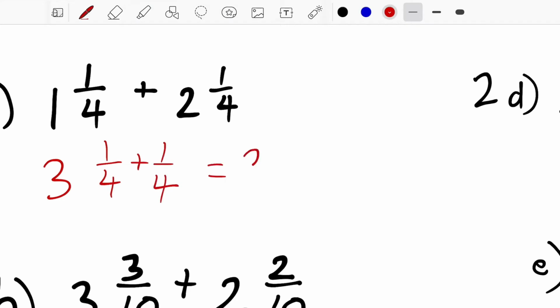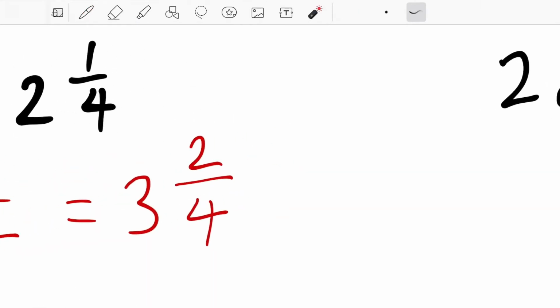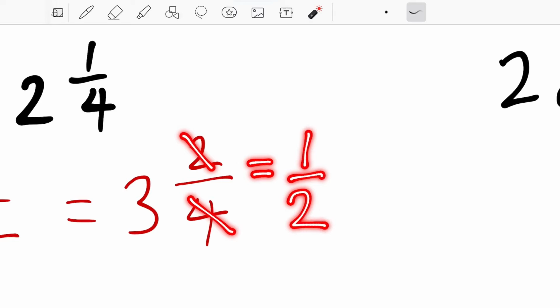So that is 3 and 2/4. Now we can reduce this if we like. We can say 2 into 2 is equal to 1, 2 into 4 is equal to 2. So that's 3 and a half. 3 and 2/4 is the same as 3 and a half.